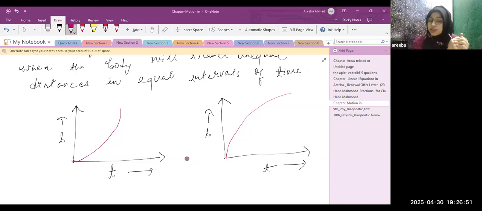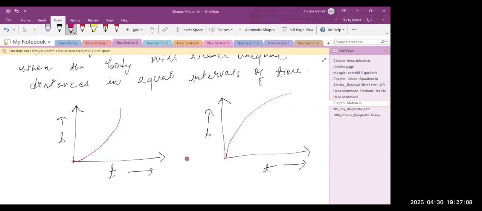Now in non-uniform motion, my body is either increasing its speed with time, or decreasing its speed with time. Non-uniform motion can occur in only these two ways. Yes or no? All right.